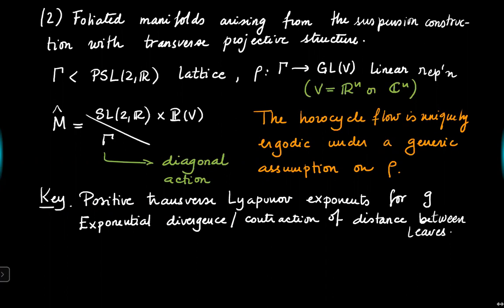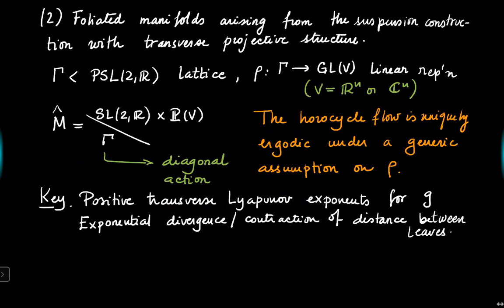And these exponents don't have to be zero. So in this case, you have exponential divergence or contraction of the distance between leaves.